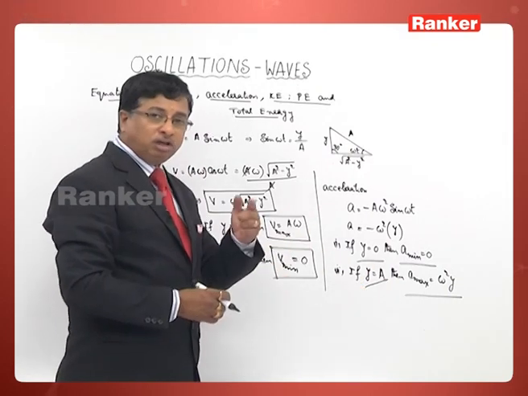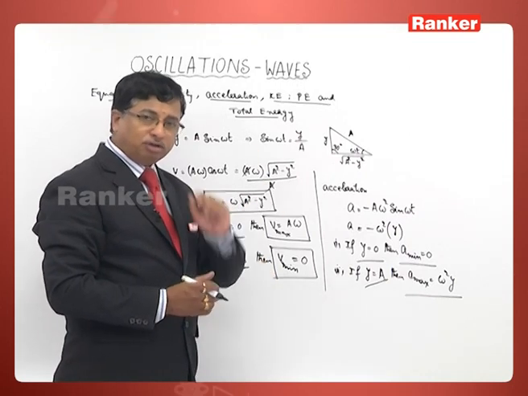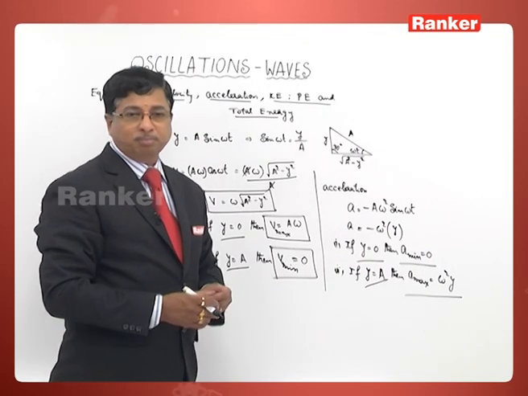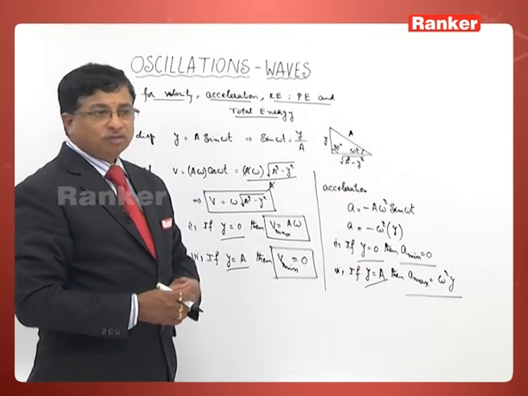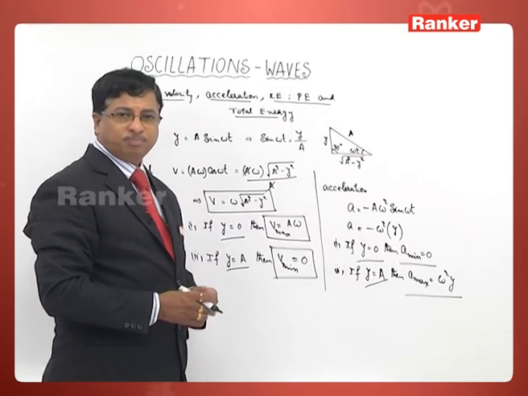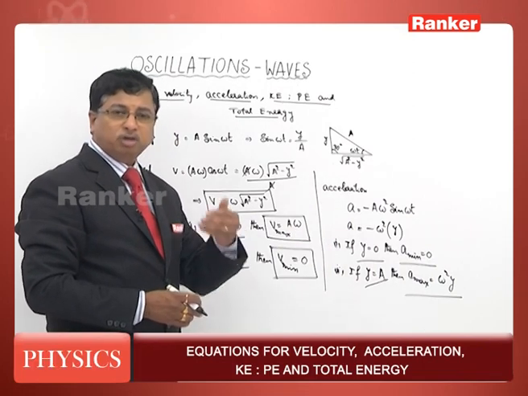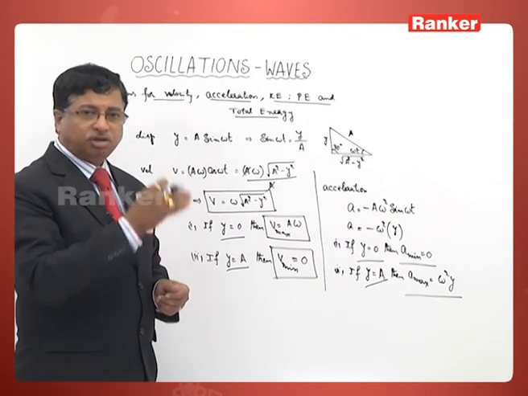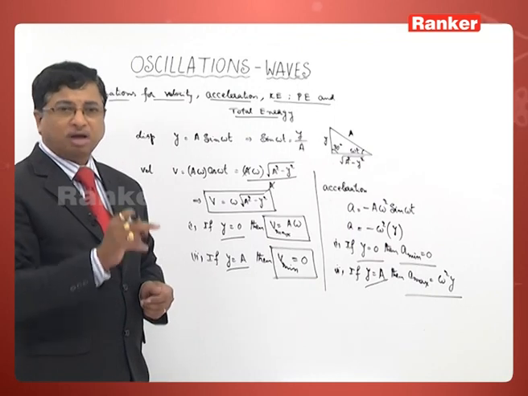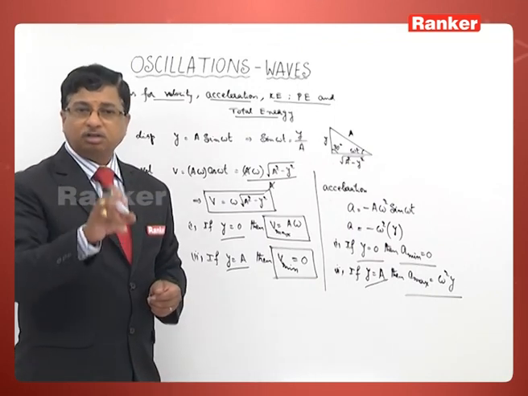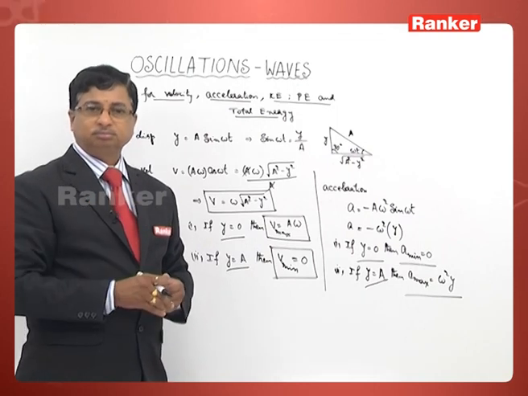Similarly, velocity is minimum at extreme position, whereas acceleration is maximum at extreme position. So, this is the peculiar characteristic we are observing. As far as simple harmonic motion is concerned, when a particle is just crossing the mean position of rest, its velocity will be maximum, kinetic energy will be maximum, whereas acceleration of the particle will be 0.